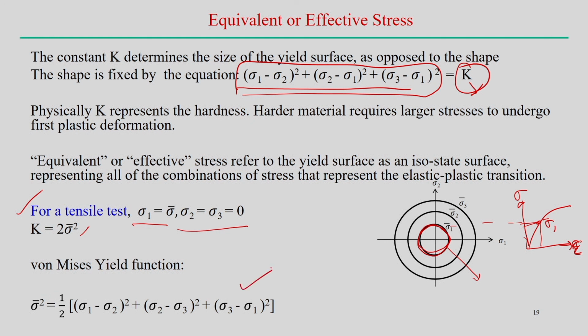So, this is the von Mises yield function when the sigma bar is measured as the normal yield strength value. Therefore, this curve is represented by this equation, and in this case the first yielding happens at sigma bar.